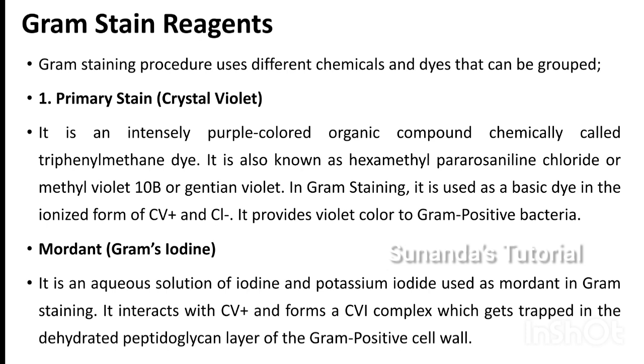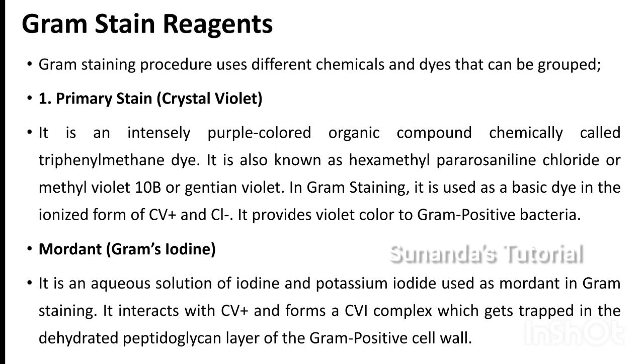It provides violet color to gram positive bacteria. Then we will use a mordant, which is called gram's iodine. Okay, and it is an aqueous solution of iodine and potassium iodide used as a mordant in gram staining. It will interact with CV+ of crystal violet and form the crystal violet iodine complex or CVI complex, which gets trapped in the dehydrated peptidoglycan layer of the gram positive cell wall.